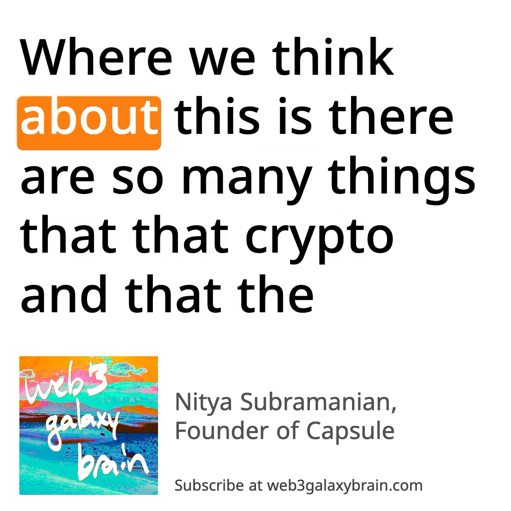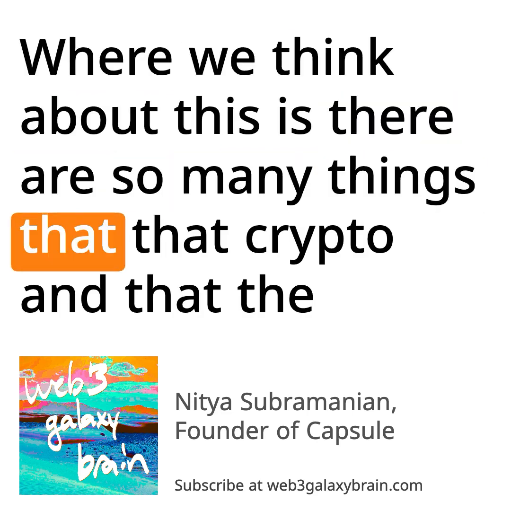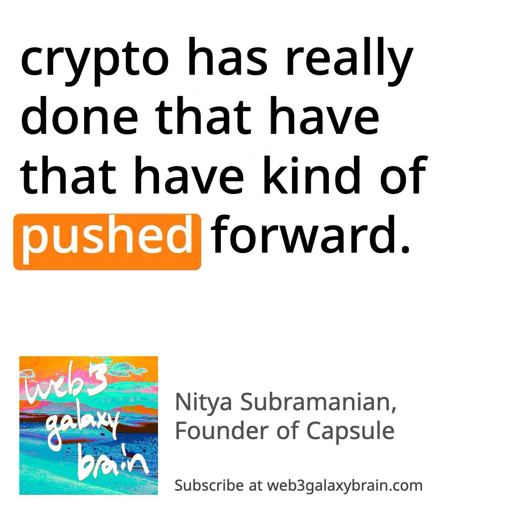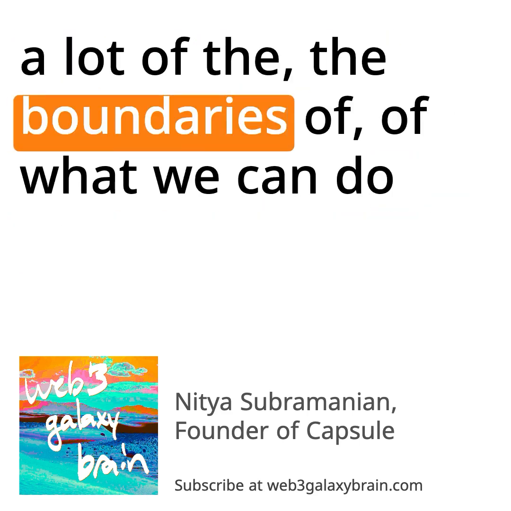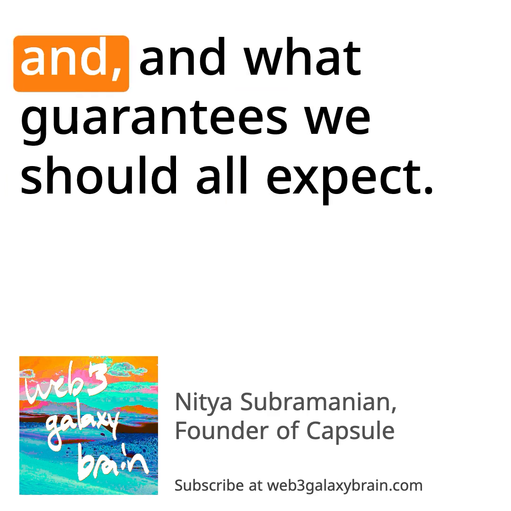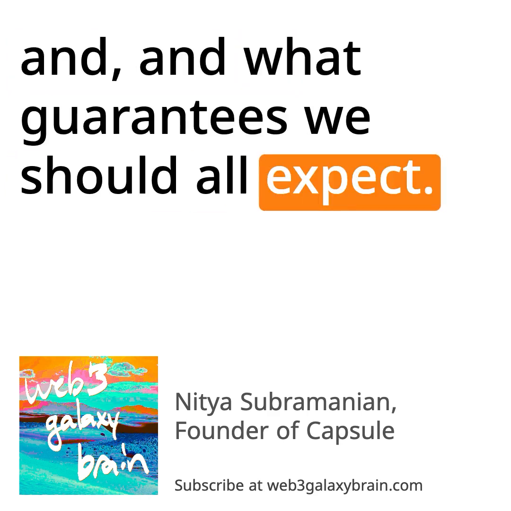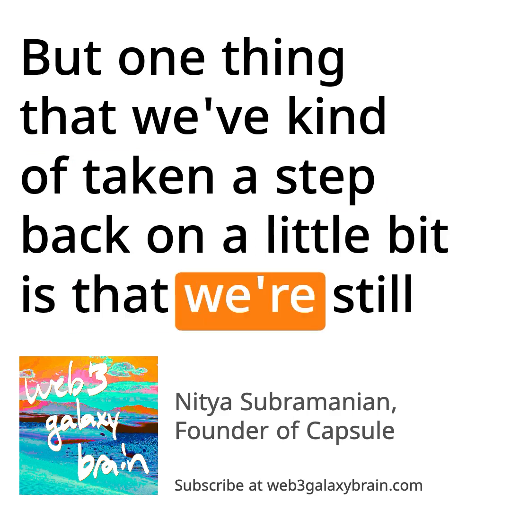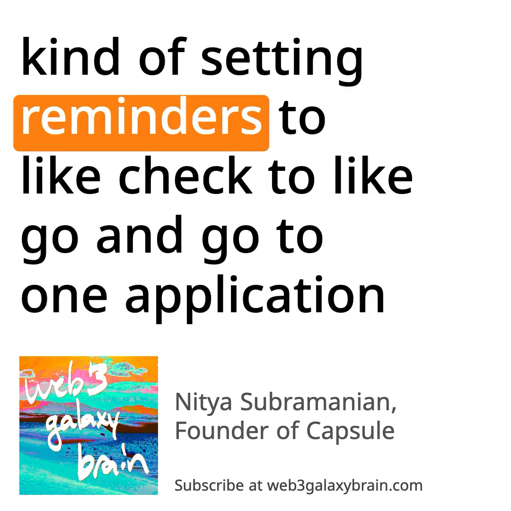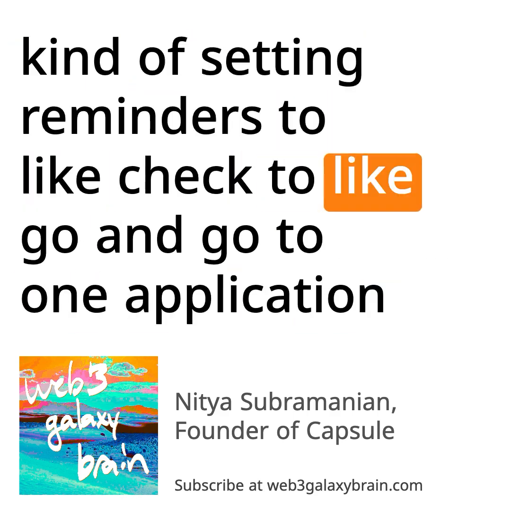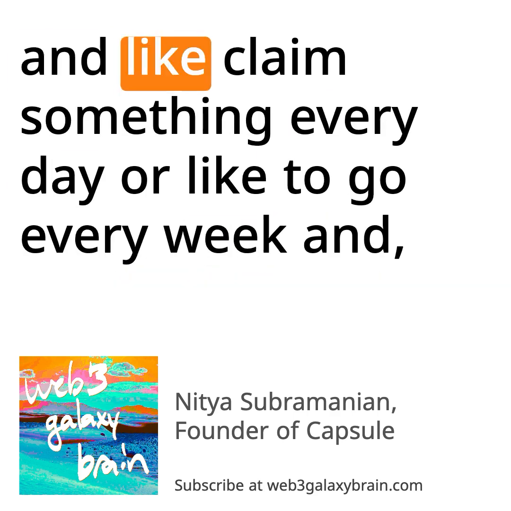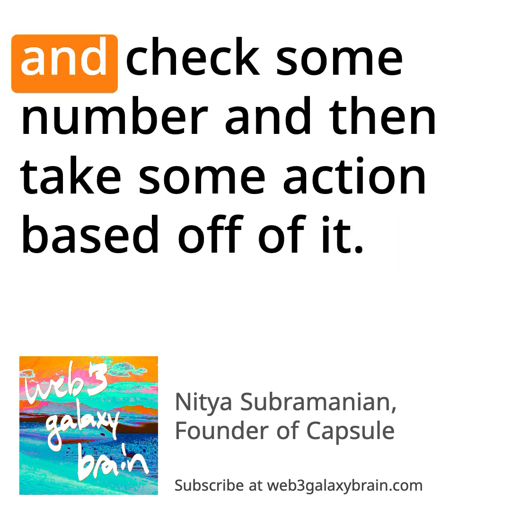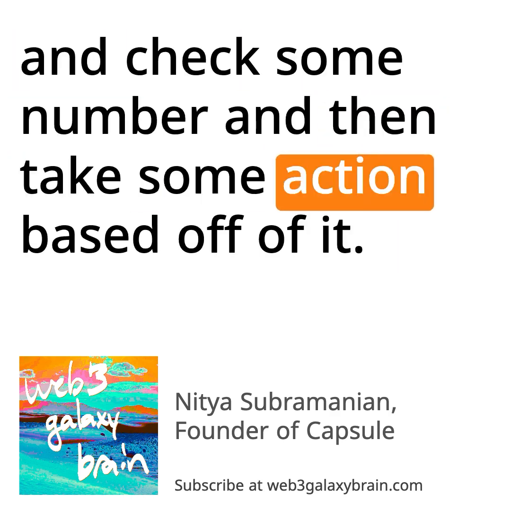Yeah, where we think about this is there are so many things that crypto has really done that have pushed forward a lot of the boundaries of what we can do and what guarantees we should all expect. But one thing that we've taken a step back on a little bit is that we're still setting reminders to go to one application and claim something every day, or to go every week and check some number and then take some action based off of it.